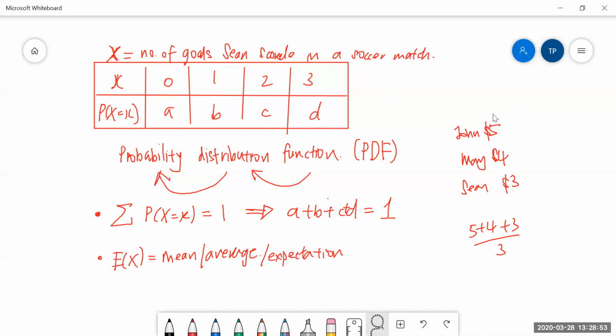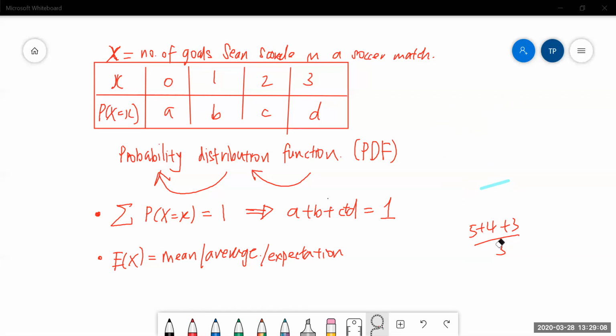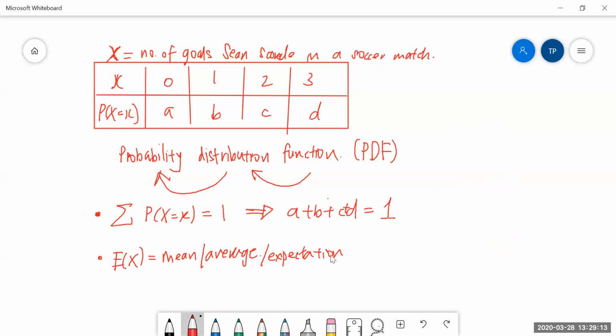Okay? So hold on now, let me explain further. Because now every number comes with a probability. Last time when we divide by 3, it's because we are using 5 times 1/3 plus 4 times 1/3 plus 3 times 1/3.